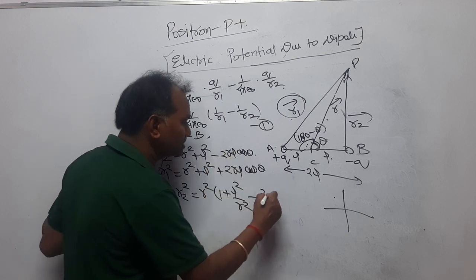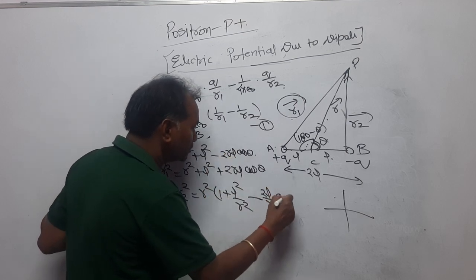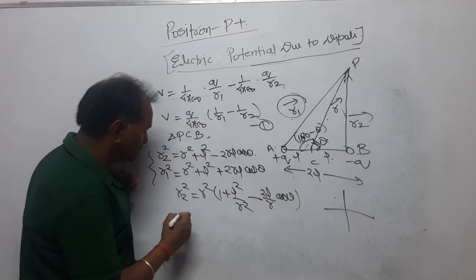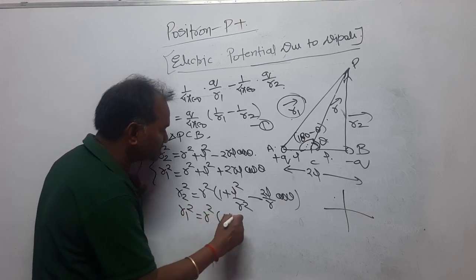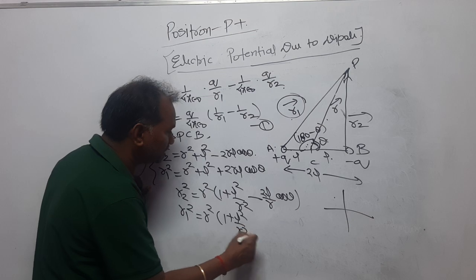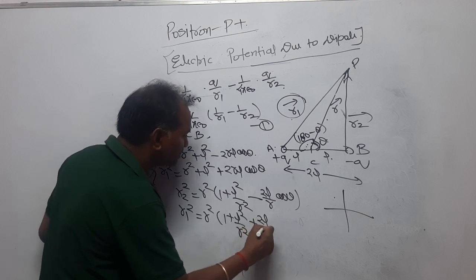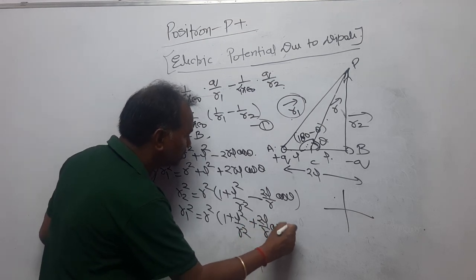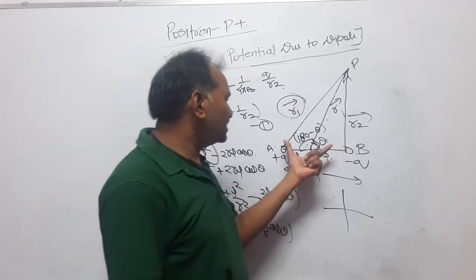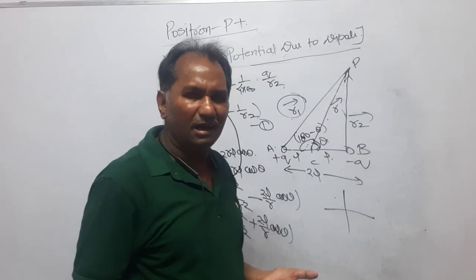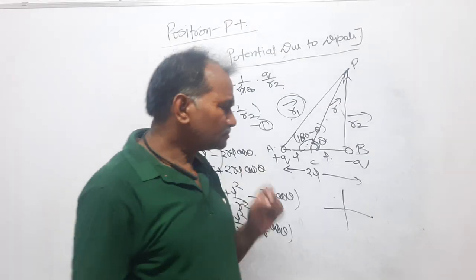One R will be cancelled, so this is 2L upon R cos theta. Similarly, R1 square equals R square times 1 plus L square upon R square plus 2L upon R cos theta.